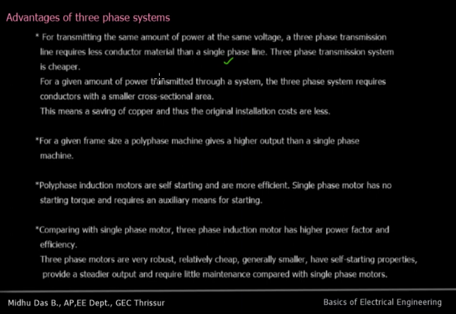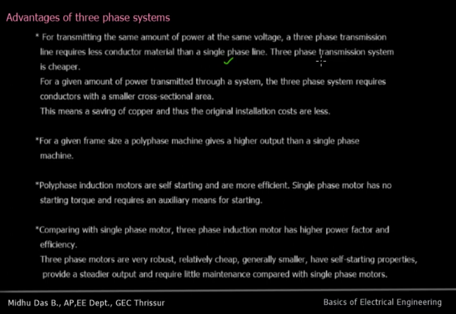You have single phase loads at home and you need single phase supply. So have you ever thought why the distribution transformer which is placed in our neighborhood is three-phase type, not single phase? Because for transmission of power, it is always economical to have three-phase transmission compared to single-phase transmission.